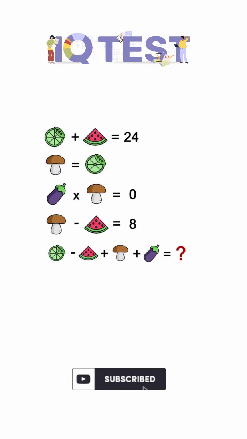So relook at it again. No, please look at it again. It is 16 for the lemon minus 8 for the watermelon plus 16 for the mushroom plus 0 for the garden egg.